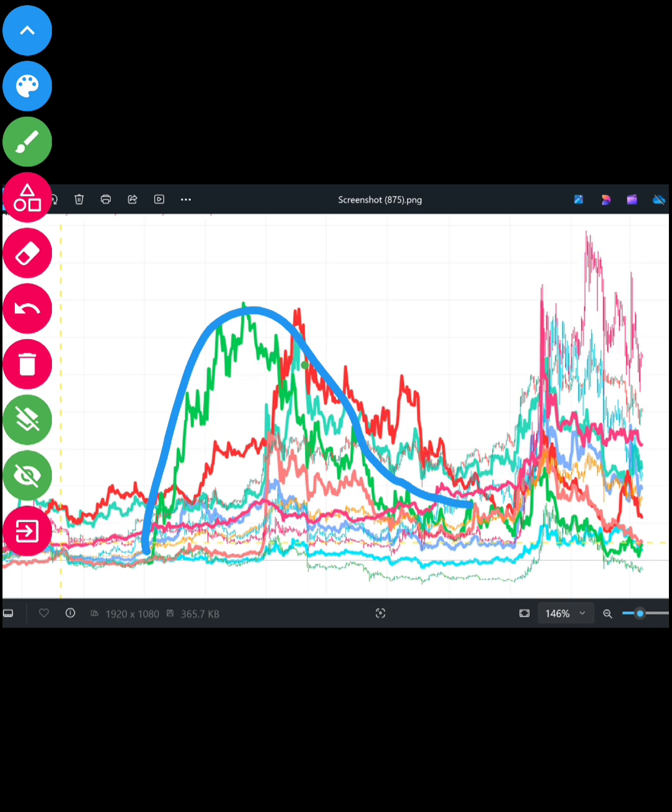If I can find one that hasn't made a super top yet, and it shows health, that's exciting because that means it's possible that during this next phase that's coming up maybe around a week from now or something like that, when that begins, maybe that's when it will do its super top. But even if not, it has a possibility of doing a double top, which would be great.